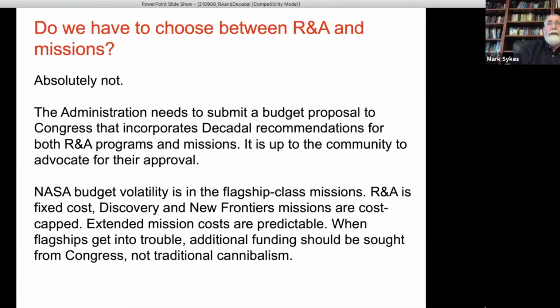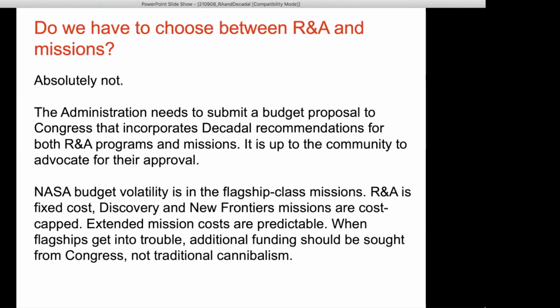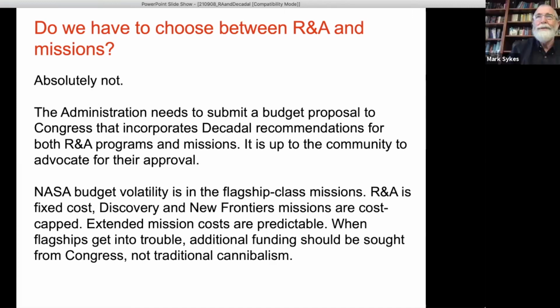And then there's a question. Okay, well, that's a lot of money. The question has been raised: what are we going to cancel in order to pay for it? Well, you don't cancel anything. It's not a choice between RNA and missions. We need to have these things work together in order to achieve NASA's planetary science goals. And so you don't choose between them, but you do need to send a budget to Congress that incorporates the Decadal recommendations.